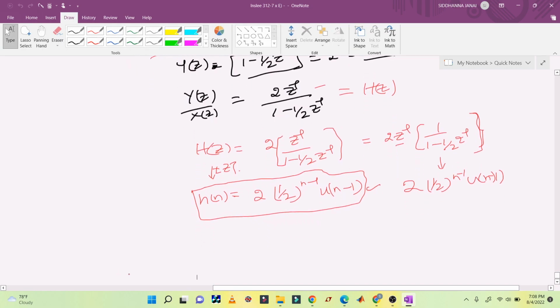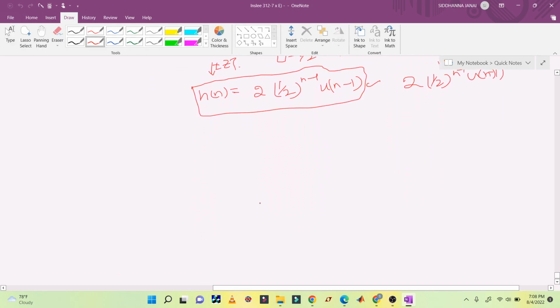So the question here is y of n is equal to y of n minus 1 plus y of n minus 2 plus x of n minus 1.